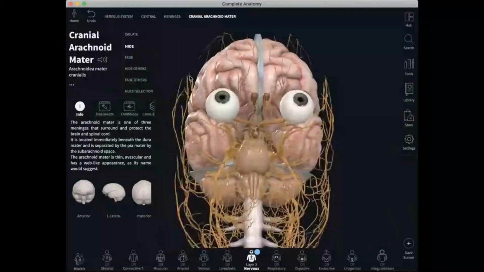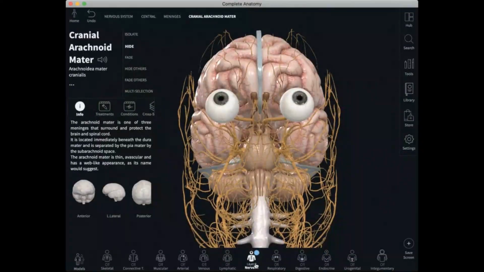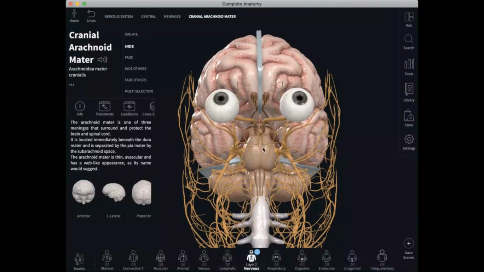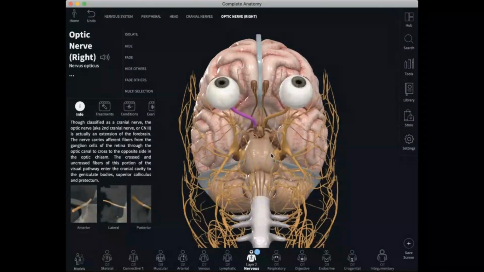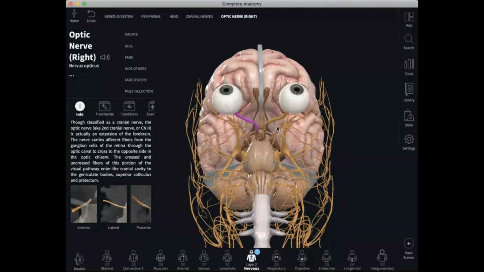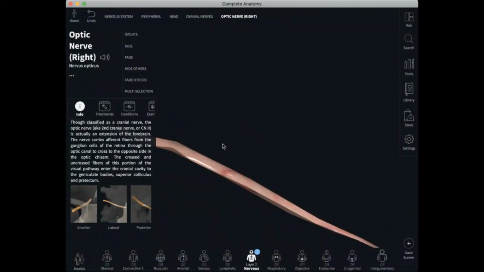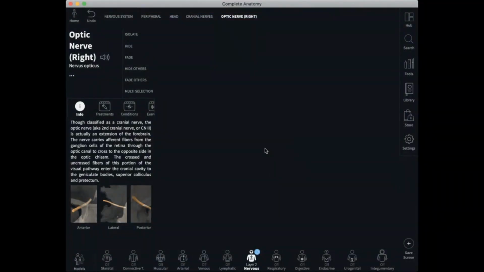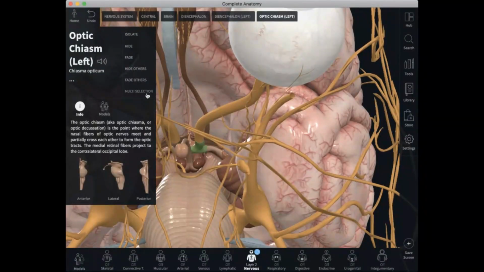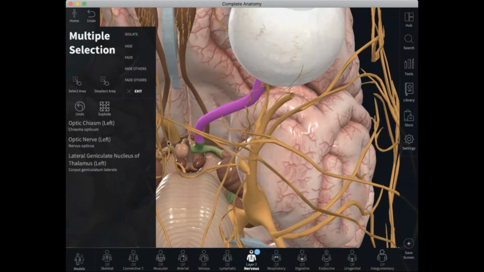If you see here, both optic nerves will go and cross at this junction, and that crossing junction is called the optic chiasma.